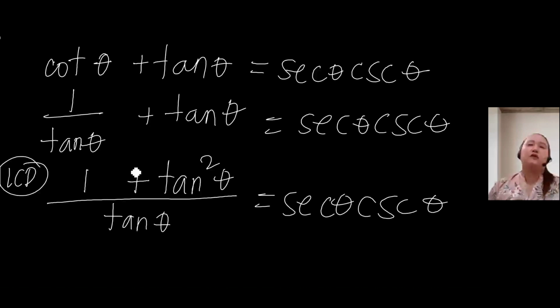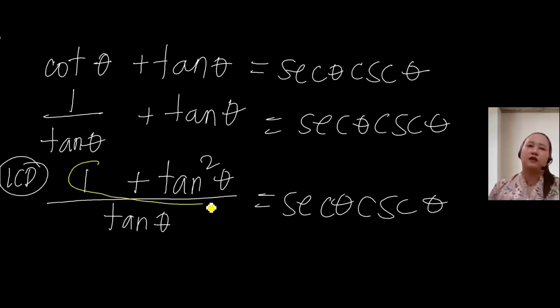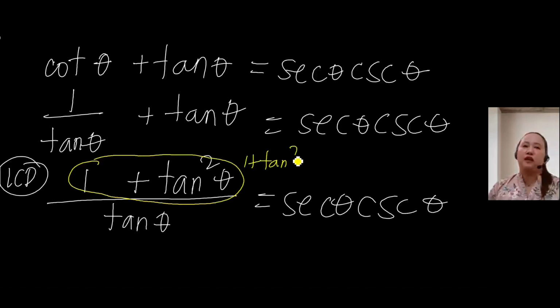Okay, next. So the 1 plus tangent squared theta, if you try to remember the identities, we can already substitute. So what is that identity under the Pythagorean? So 1 plus tangent squared theta, if you can remember, is also equivalent to secant squared theta.